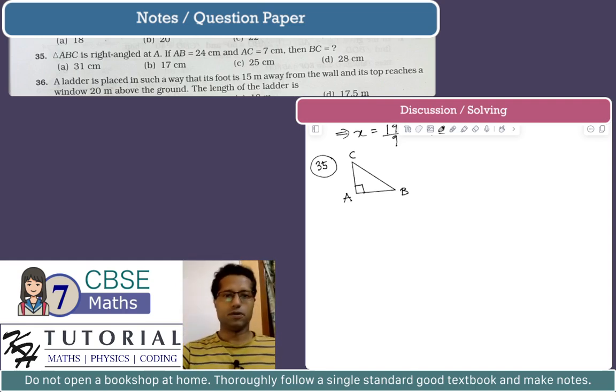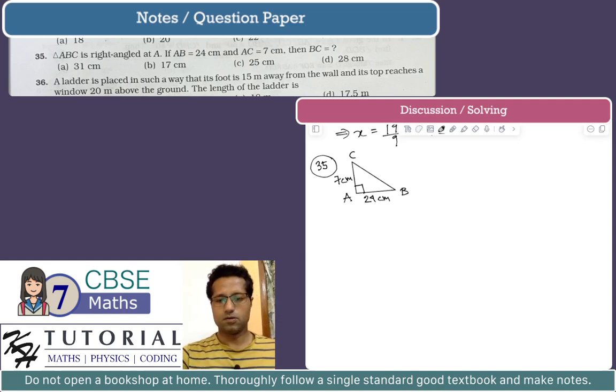So BC is the hypotenuse, and it is given that AB is 24 centimeter. One arm AC is given to be 7 centimeter. Find BC. So using Pythagoras theorem, we know that BC square is equal to AC square plus AB square.